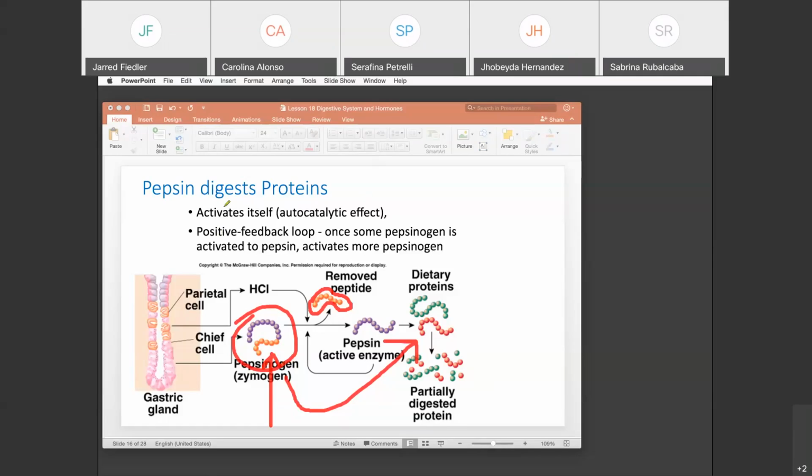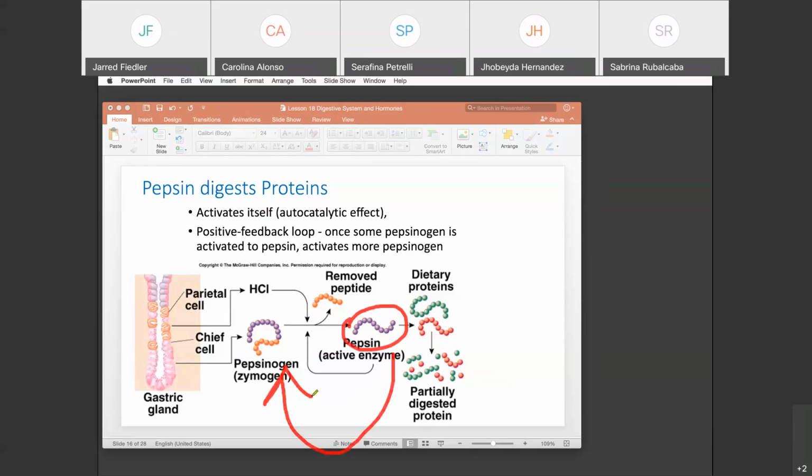This entire process functions in a positive feedback loop, like I mentioned yesterday. Once you activate some pepsin, the pepsin itself goes back to activate more pepsinogen. Let me erase this, it's too clustered. The pepsin itself is going to go back over here and activate more pepsinogen into the pepsin form.